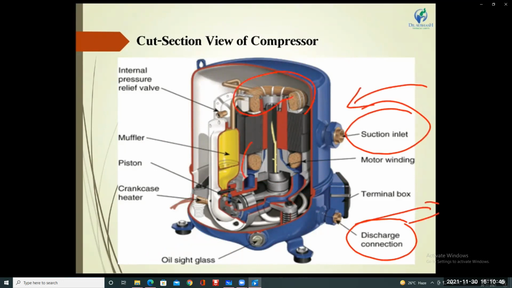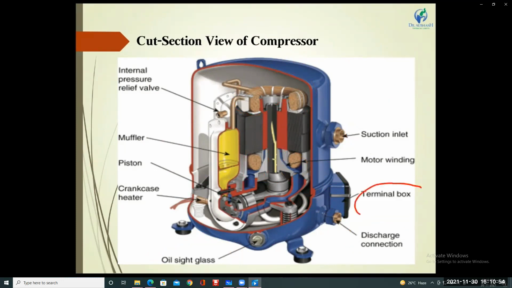This portion is the motor winding core, which produces a magnetic field when we give it electricity. These are the terminal blocks where we give electricity as phase, neutral and earthing to the compressor for its working. These are the springs. The springs are mounted at the base of the motor and compressor assembly to absorb additional vibration.